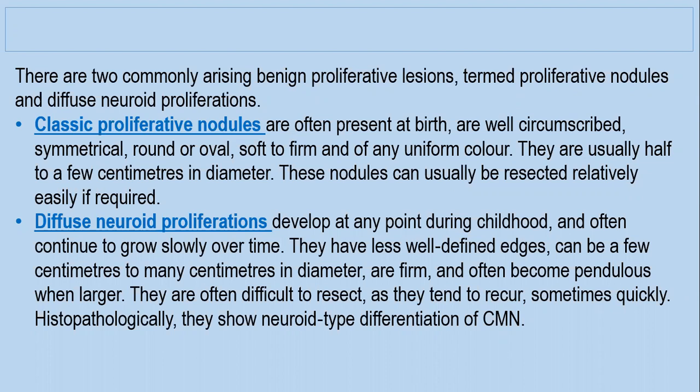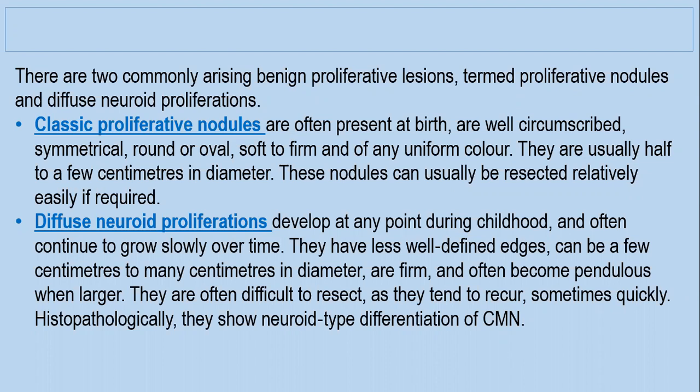They are usually half to a few centimeters in diameter, and these nodules are usually resected relatively early if required. They can confuse the clinician with a melanoma, and in my experience I was confused once when such a patient came to me, and I had to take a biopsy and prove that it was not a melanoma.